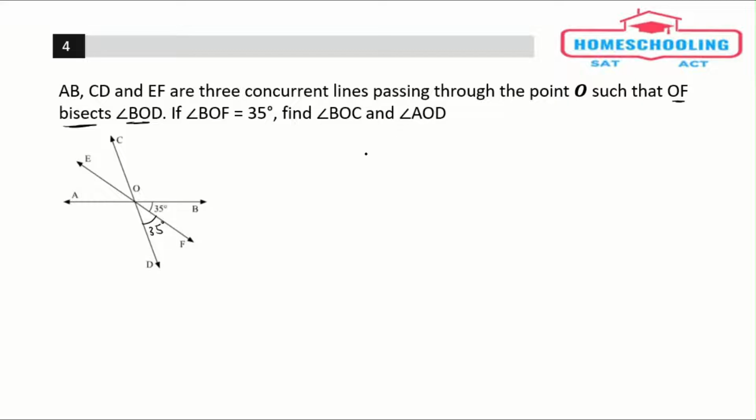So on line AB, angle AOD plus angle DOF, that is 35, and angle FOB, that is also 35, the sum of all these three angles would be 180 degrees, because it is a linear pair.